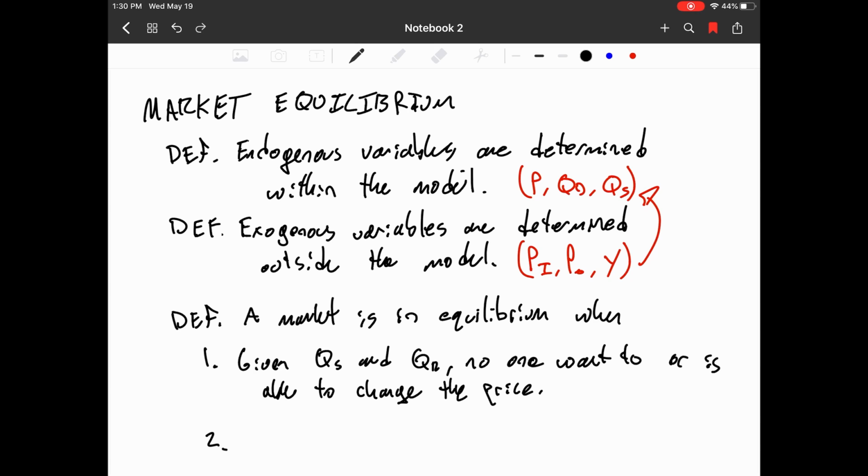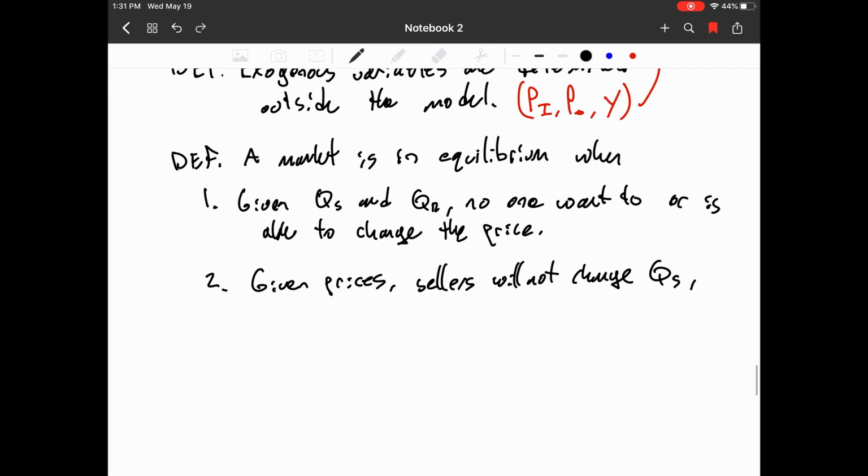And two, given prevailing prices, sellers don't want to change Q, and buyers will not change their Q. Okay.